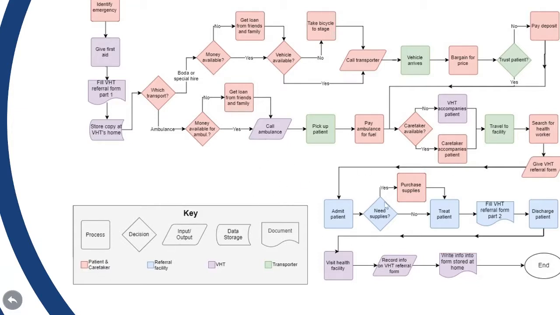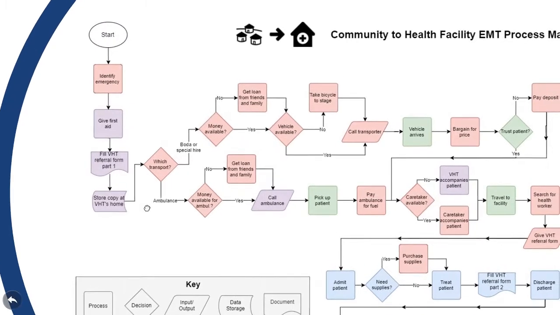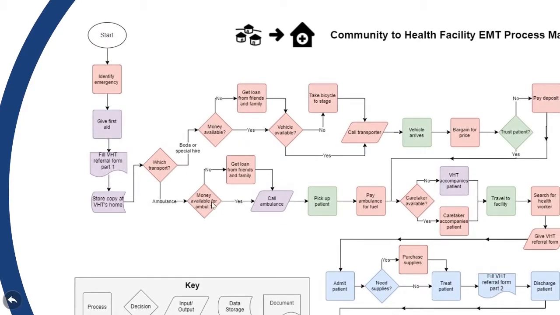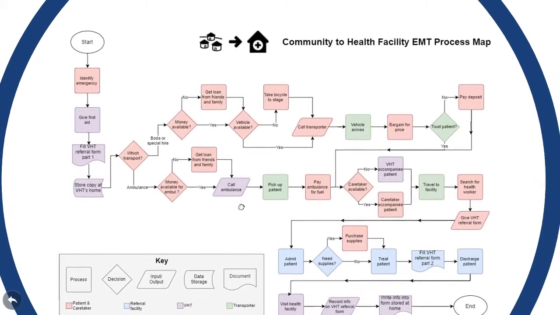And the roles here are split by colors. So red is the patient and caretaker. The blue is the referral facility where the patient is going. The purple is the VHT, and then the green is the transporter. You'll notice that the VHT and all the purple is quite involved.